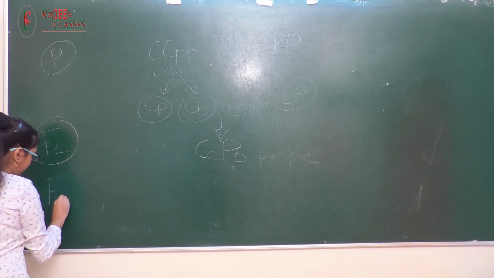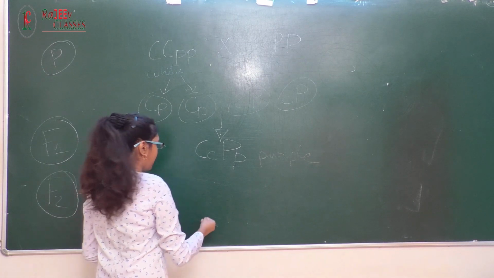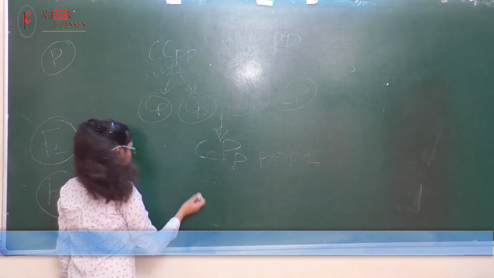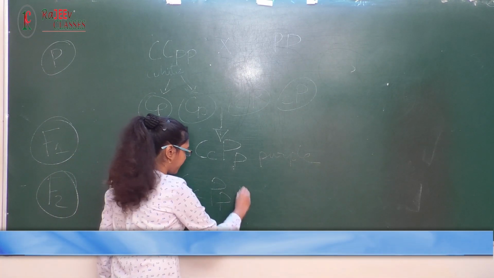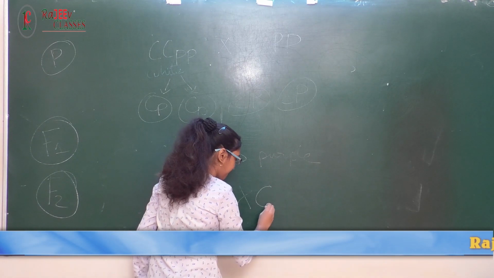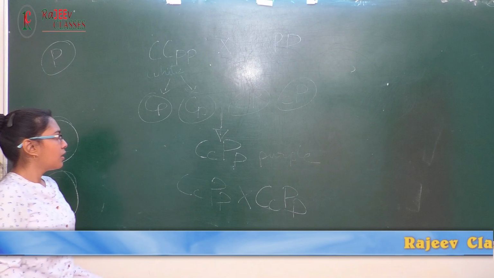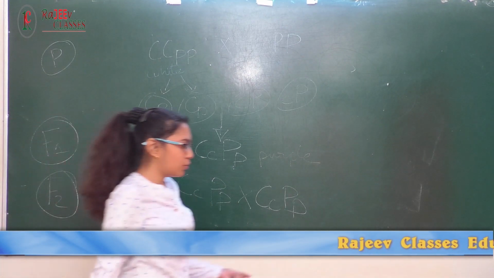In the F2 generation, we are going to cross the two individuals from the F1. So when we have capital C, small c, capital P, small p, and the rest, I'll make a checkerboard. So I hope you've followed till now.